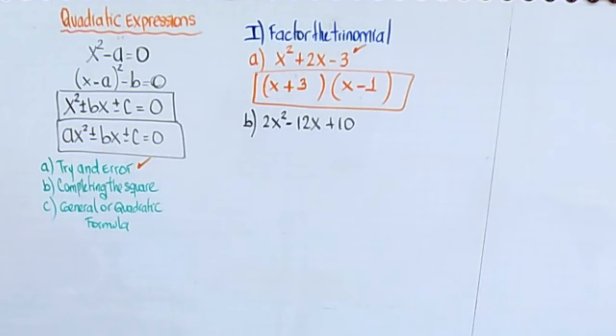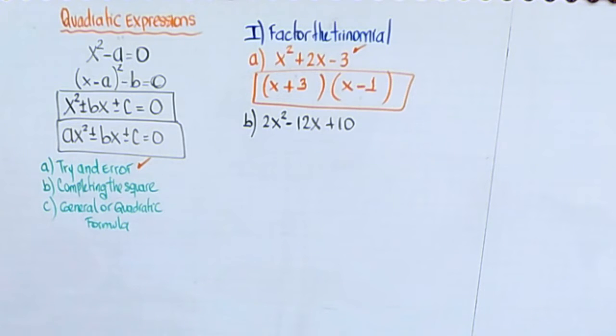This is a trinomial because we have a square term, a linear term, and an independent term. But I don't know if you saw a curiosity.